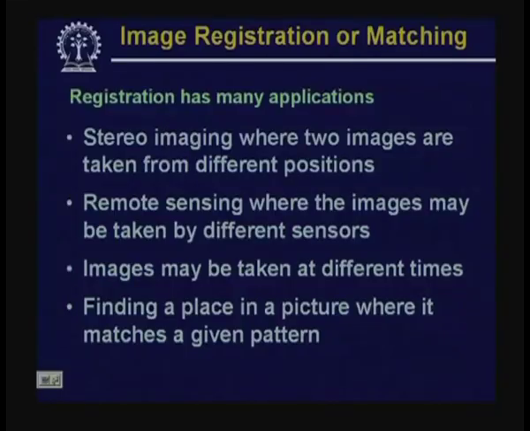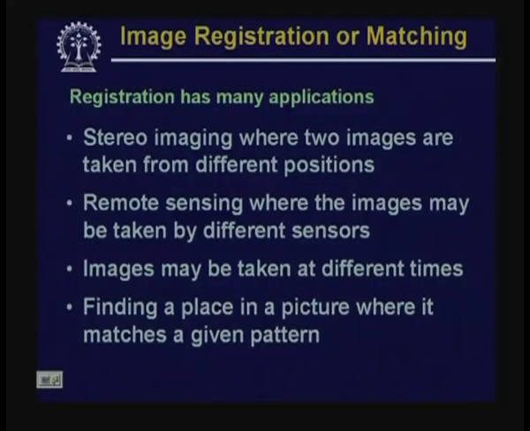This has various applications like automated navigation, where we want to find the location of a particular object with respect to a map. In such automated navigation applications, pattern matching or template matching is very important. So, image registration methods have various other applications which can be exploited once the registration techniques are known.